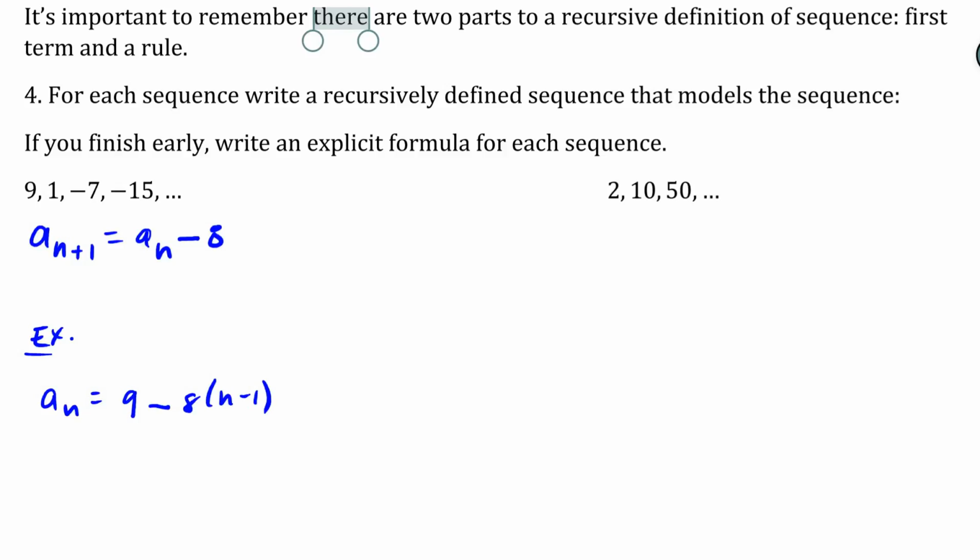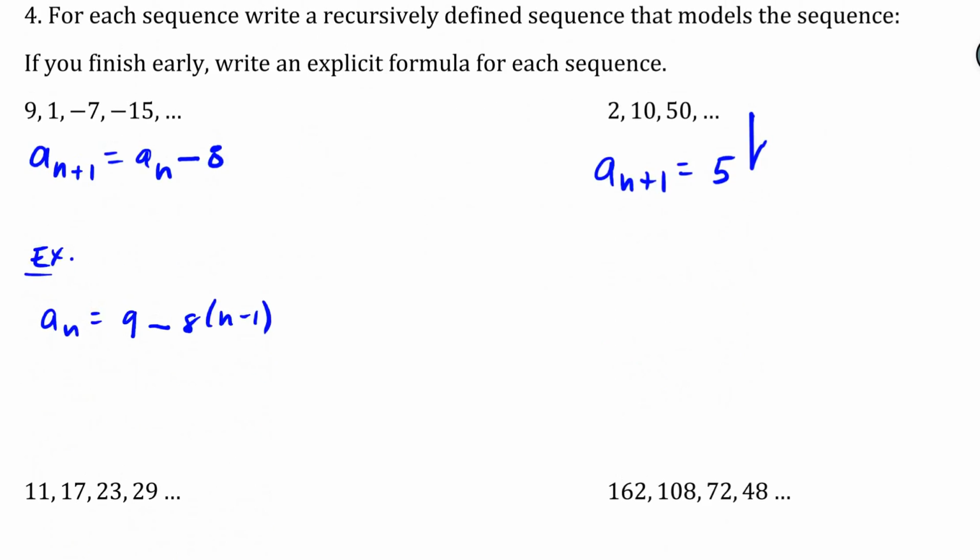For the next example, we see that this is a geometric sequence. To show this recursively, we would say any term is equal to the previous term times the ratio. So in this case, the ratio is 5. And then the previous term is a sub n.